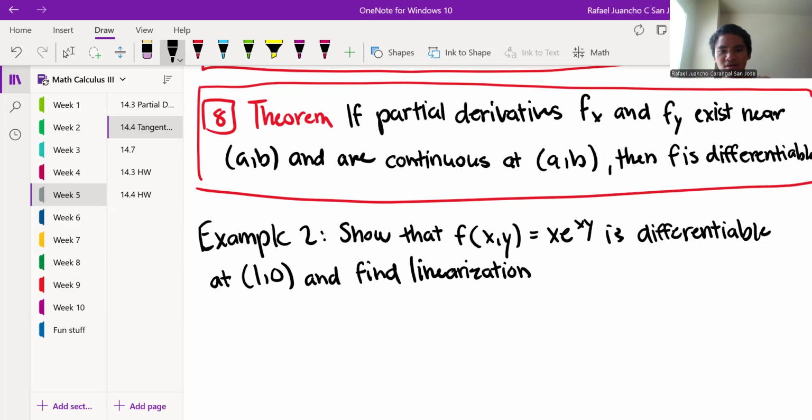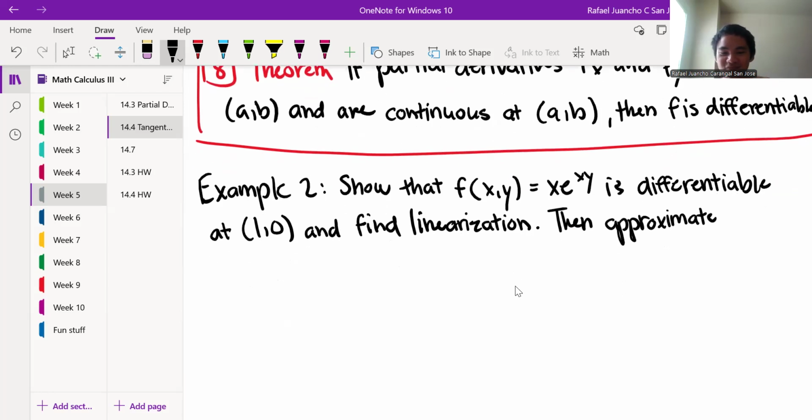Then we're going to use it to approximate that point, f of 1.1 and negative 0.1. So most likely this is a differentiable function. Why? It's a polynomial. Any elementary functions should be continuous in this case.